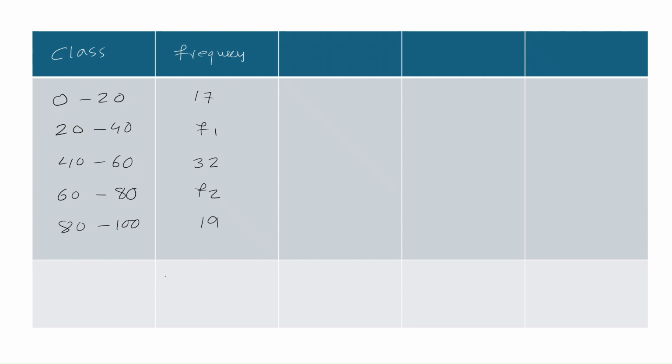And N, which is the summation of Fi, is given as 120. Now we need the mid values, U, which we know is (x minus A) by H, and Fu.